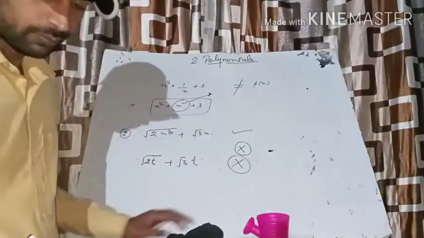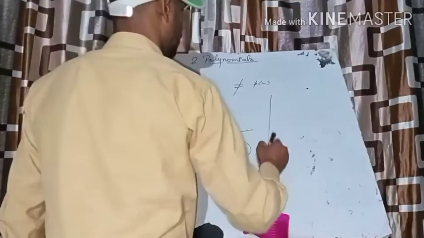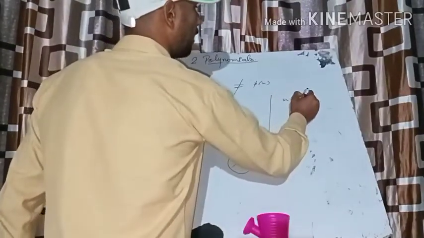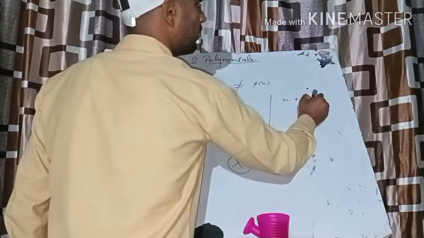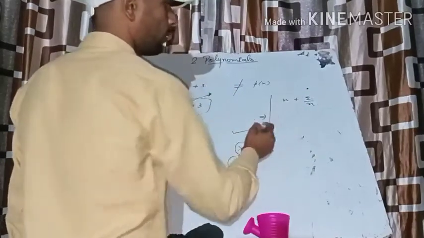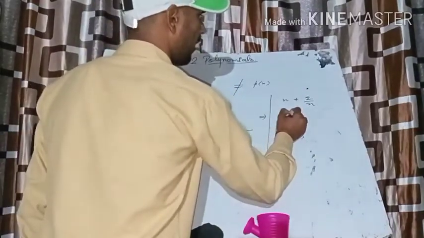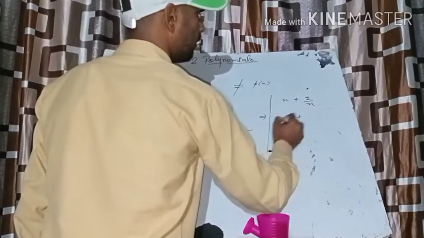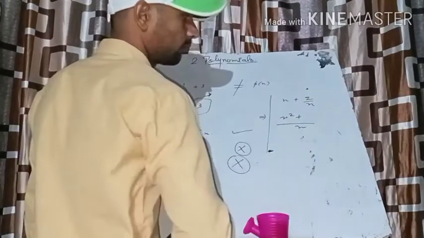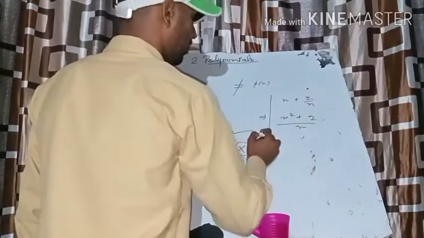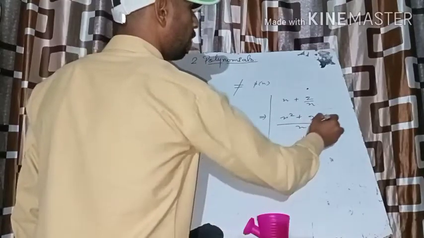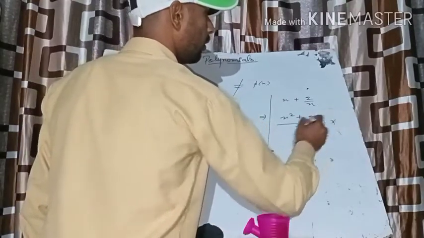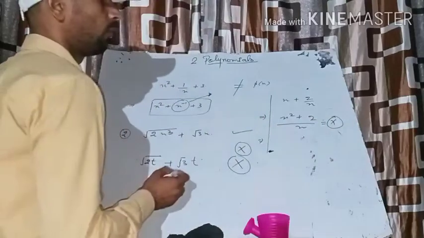Clear? If you have an algebraic expression such as x plus 2 by x, then first solve this one. It will become x square plus 2, with LCM x, over x. Now it will not be your polynomial. Why?